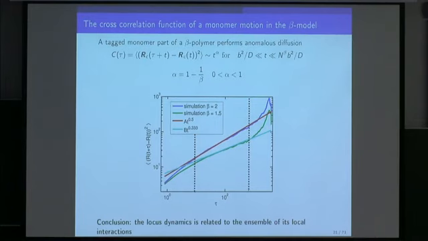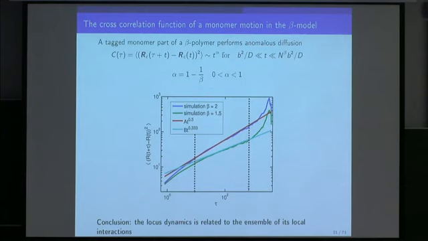Then we wanted to see what happens to the anomalous exponent of a tagged monomer in the intermediate regime. When beta is equal to 2, this is this curve.